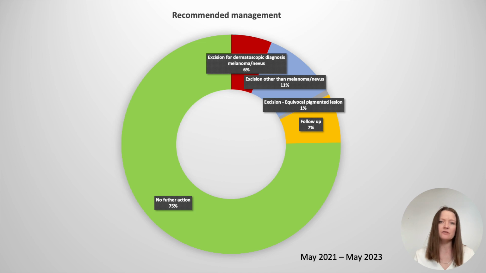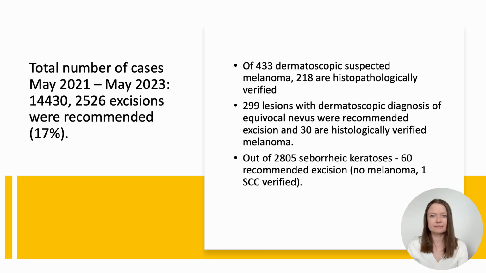In 11% of cases, we recommend biopsy to rule out or confirm other skin malignancies such as keratinocytic tumors. In 7% of cases, follow-up is recommended due to nevi with a history of change or for equivocal lichen planus-like keratosis. In total, these last 2 years, we have had more than 14,000 referrals.